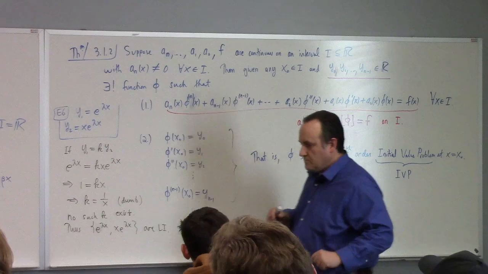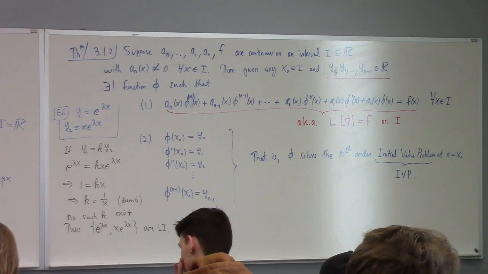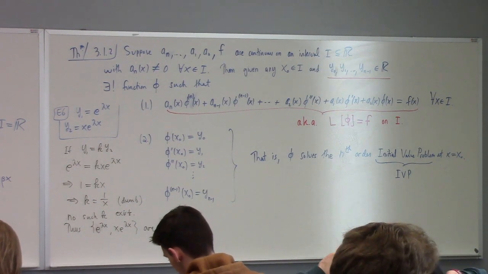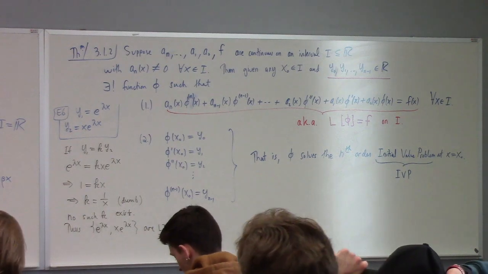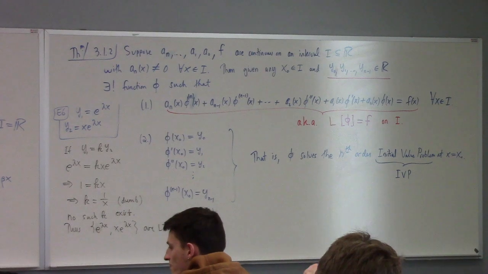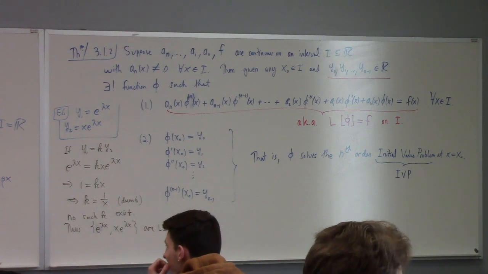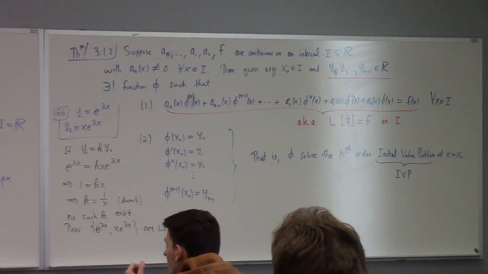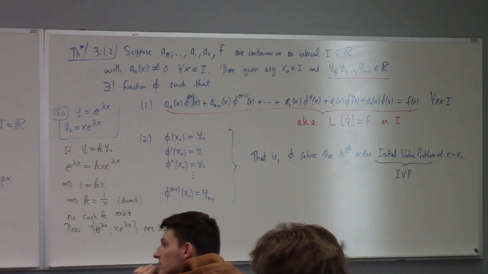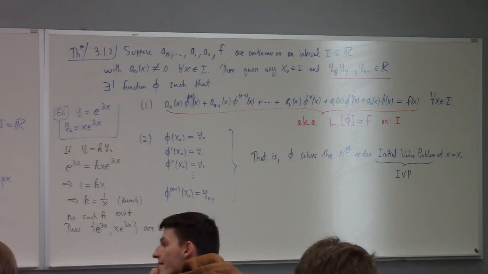All right, so next up here, I have a theorem. And some of the proofs in here, I will give you homework problems where I ask you to prove or disprove the linear independence of some given set of functions, right?